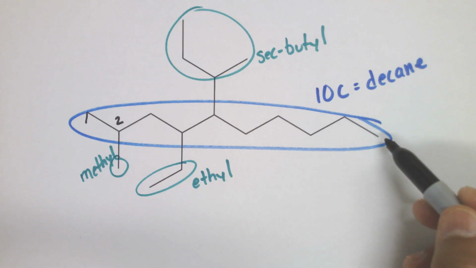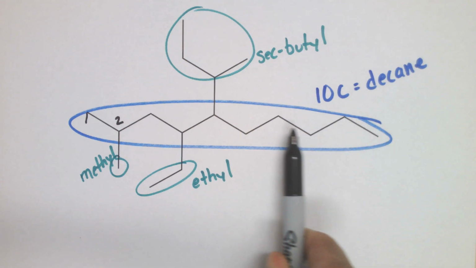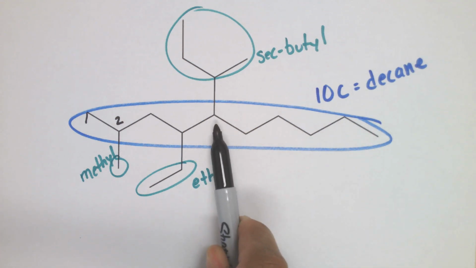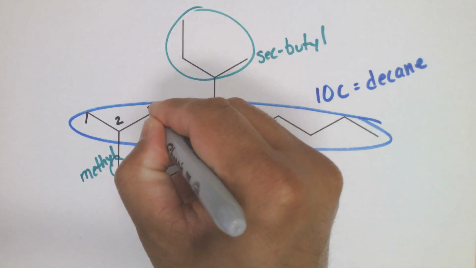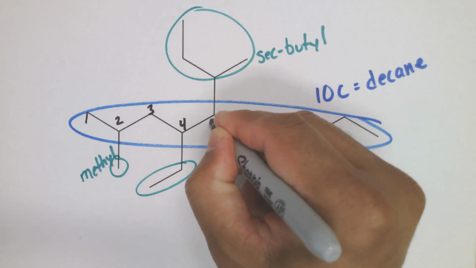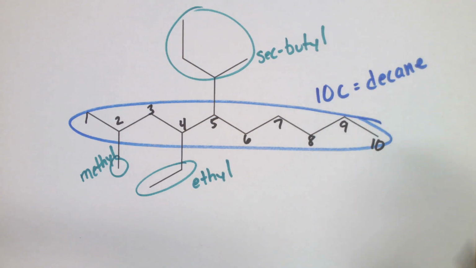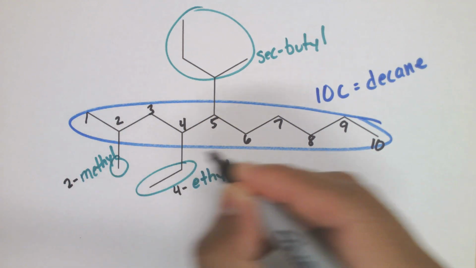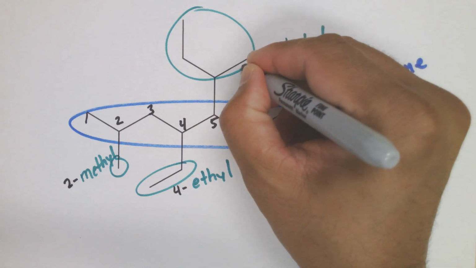You can imagine if I start on the right-hand side, then my first substituent isn't until carbon number 6, going from right to left. So going from left to right makes the most sense. 2, 3, 4, 5, 6, 7, 8, 9, and 10. So here we'll have a 4-ethyl, a 2-methyl, and then the sec-butyl is at position number 5.